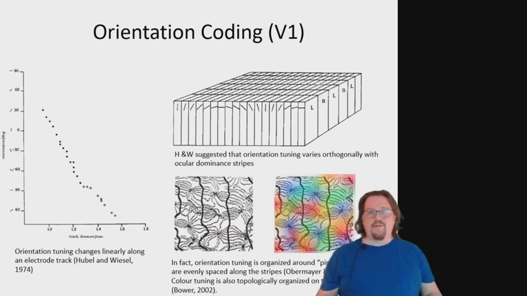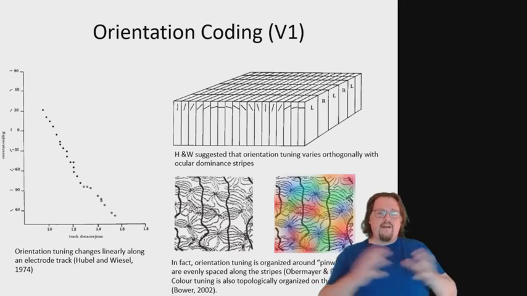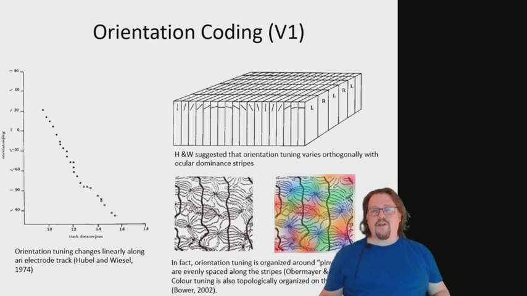The key thing to notice at this stage is that all of these different dimensions are organised systematically on the surface of the cortex at roughly the same scale. We can see ocular dominance, we can see orientation, and we can see some organisation of colour.